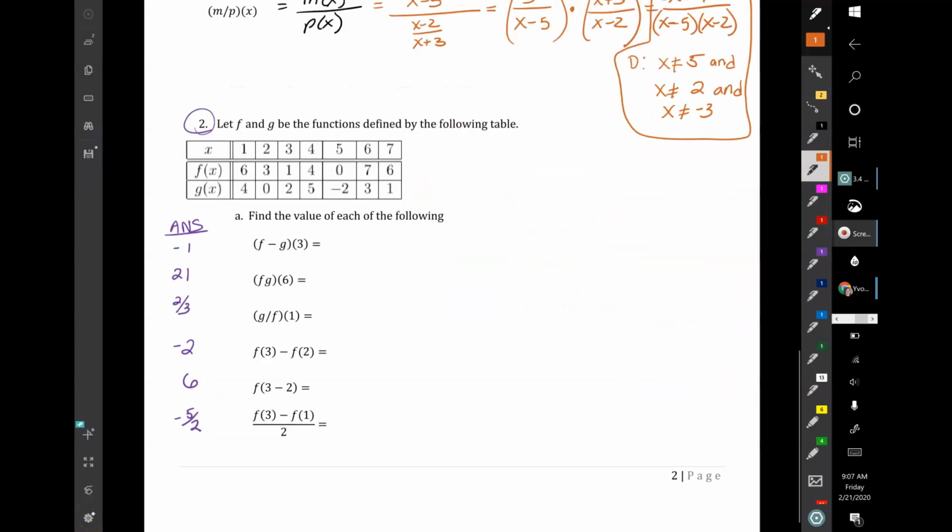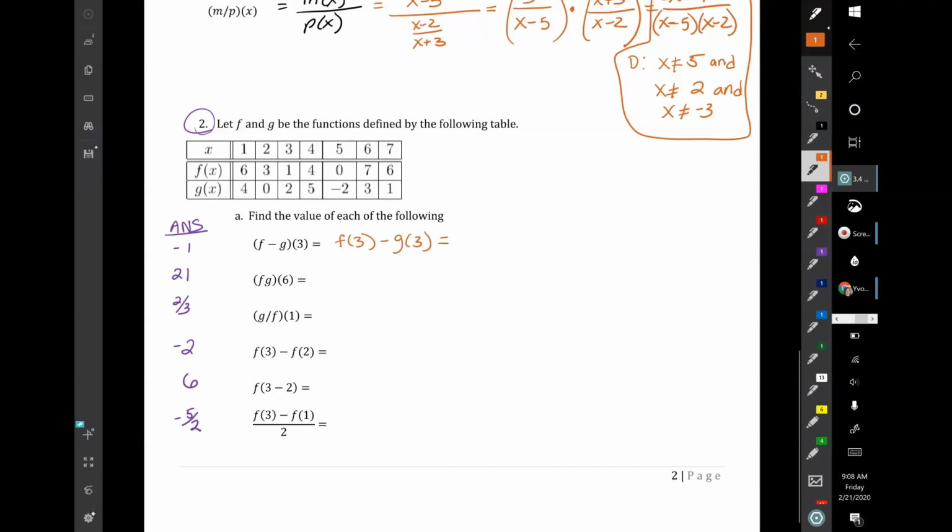Like I said, I gave you the answers for this, so maybe you've tried it, maybe not, but we have this chart here. Let f and g be the functions defined by the following table. So again, don't try to go off the table. So f minus g of 3 would be f of 3 minus g of 3, and we use the table.